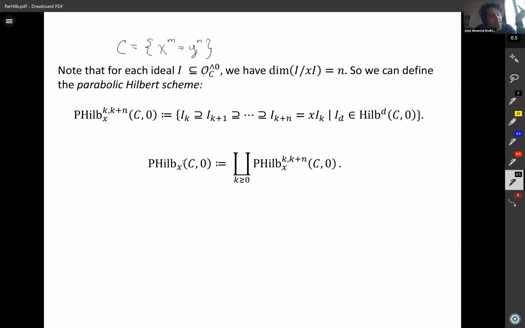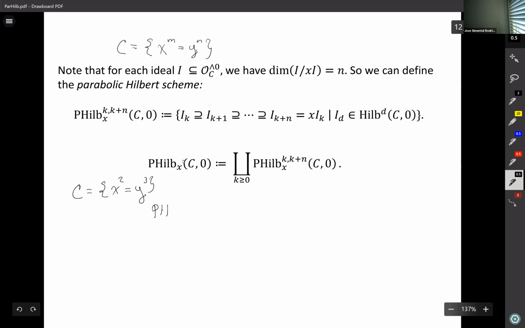And let me emphasize that even when the Hilbert scheme is relatively simple, this parabolic Hilbert scheme can be more complicated. Let me give an example. In this case, I have C, which was the curve x squared is equal to y cubed. I always have a projection from PHilb^(k+n) to Hilb^k. Just pick up the first ideal, and let's see what the fibers are.